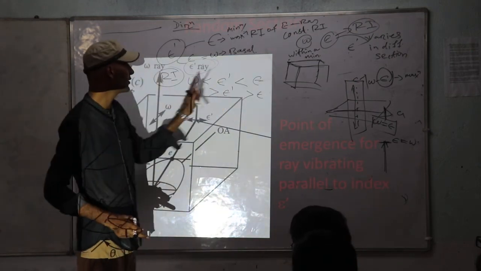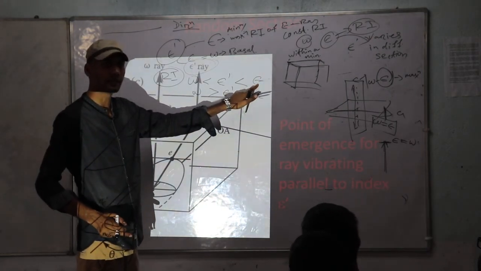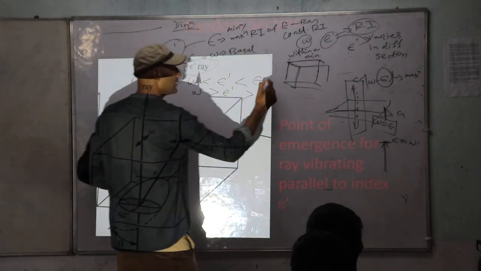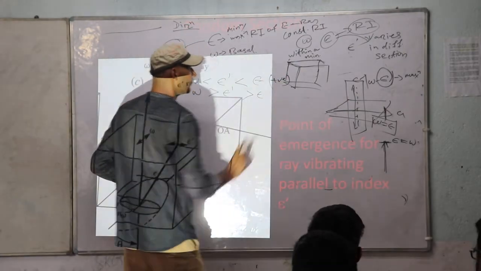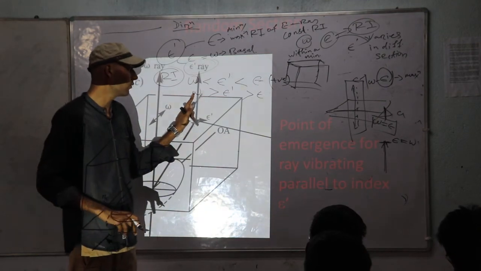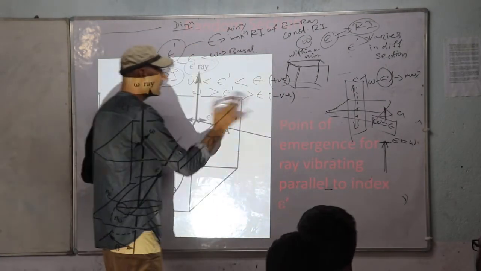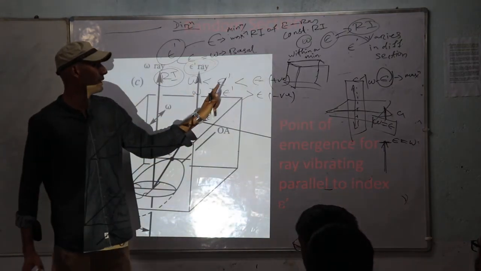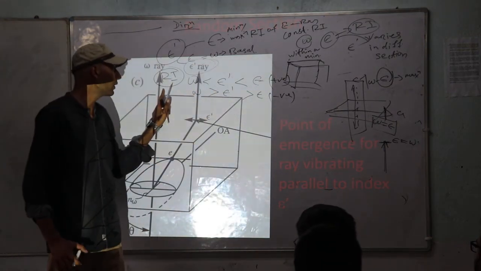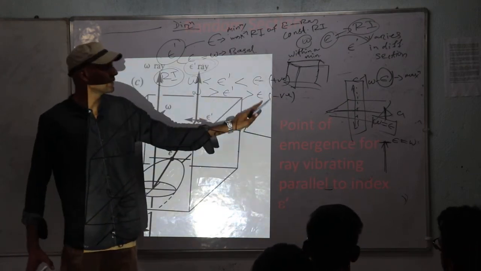I am talking about the refractive index of the O ray and E ray. So the E ray is having greater refractive index, that means it is slower, so the mineral is positive. Here the refractive index of the O ray is higher, that means the O ray is slower, so the mineral is negative. So this is the condition: omega less than epsilon dash less than epsilon is positive, and omega greater than epsilon dash greater than epsilon is negative.